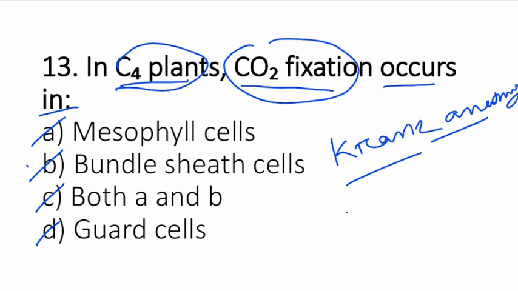The site for dark reaction in C4 plants is the vascular bundle. Light reaction takes place in the mesophyll cells, but the dark reaction site is different for the C4 plant, that is bundle sheath cells.